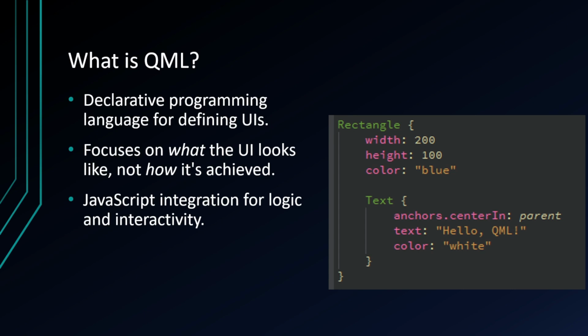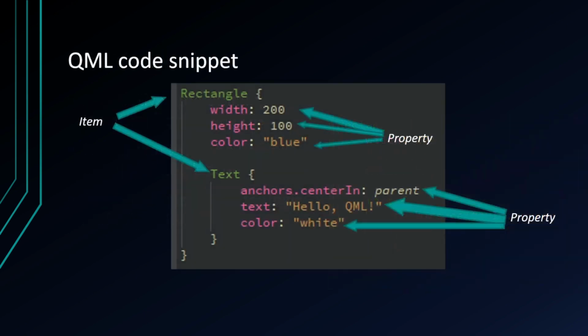Let's explore an example of QML usage. The code consists of two key items, rectangle and text. Each item has its own set of properties inside, for example, width, height, text, etc. And here's how it looks, you see. This example demonstrates how the structure of QML language looks.